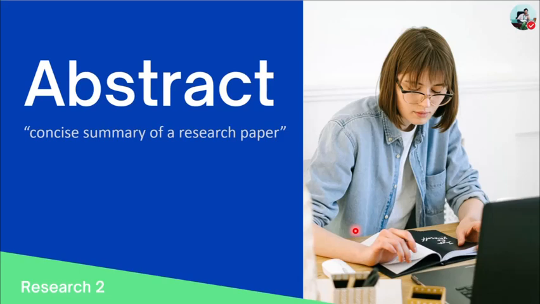We have the research problem or objectives, that is in your statement of the problem. You have the methodology, with different subparts like the environment, respondents, etc. And the key findings, found in chapter 2, the summary of the findings. Fourth is the conclusion, found in chapter 3. And lastly, at the bottom part, the keywords.